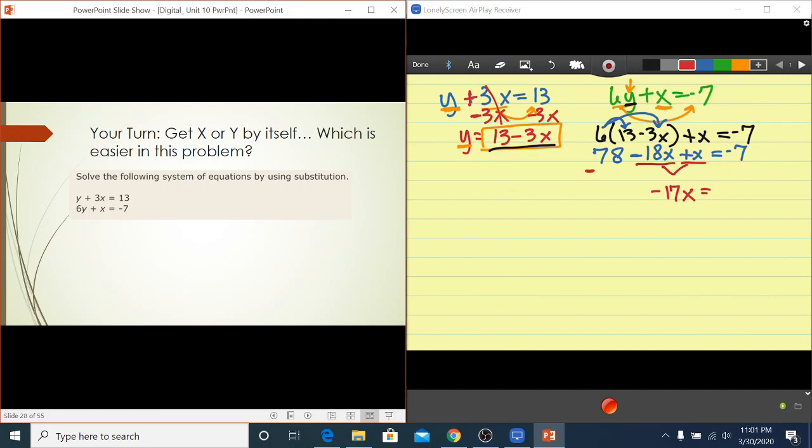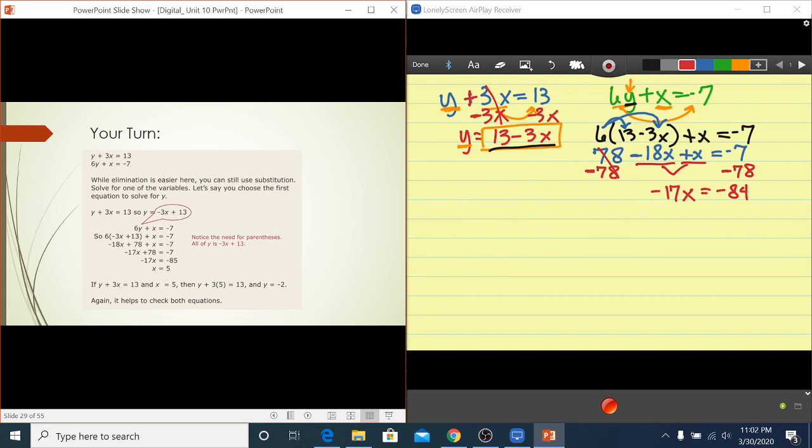I also want to get rid of this 78, so I'm going to subtract 78. Negative 7 minus 78 more, so it's at negative 85.